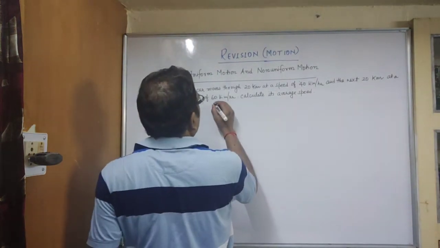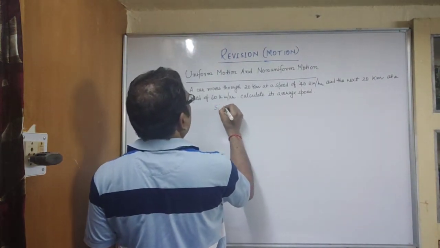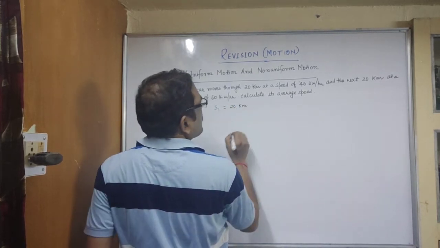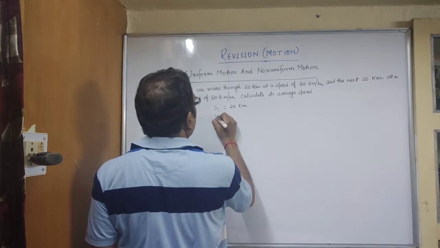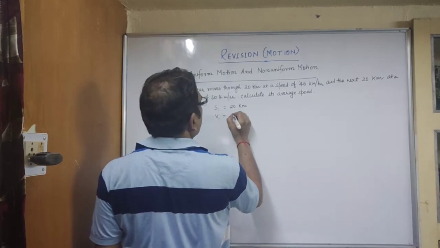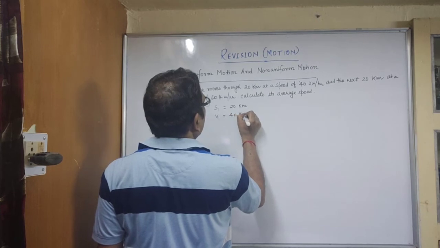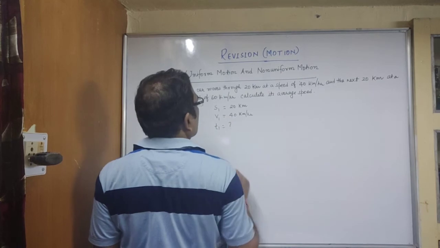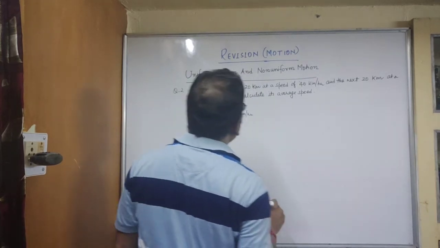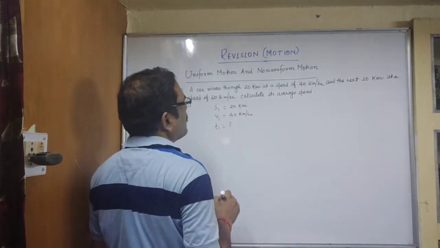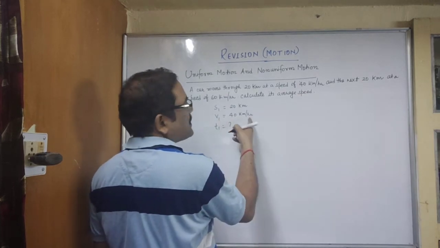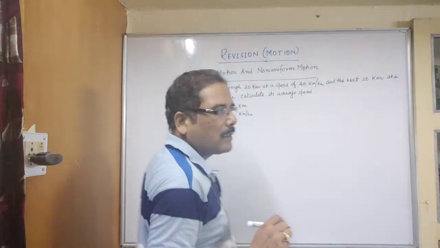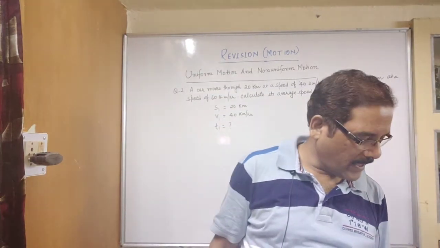So let the initial distance, I am writing S1, is 20 kilometer. Now V1 speed is 40 kilometer per hour. So calculate the time, how much time it will take to cover 20 kilometer with this speed of 40 kilometer per hour. Speed is equal to distance by time.